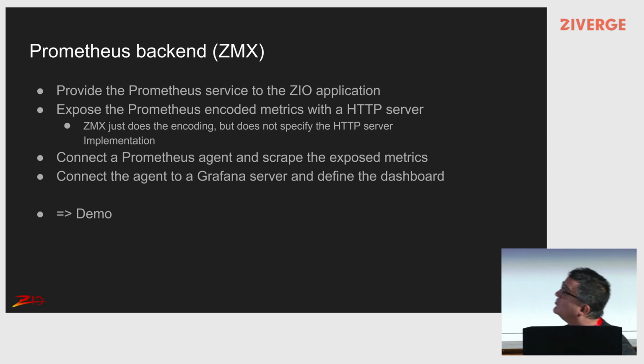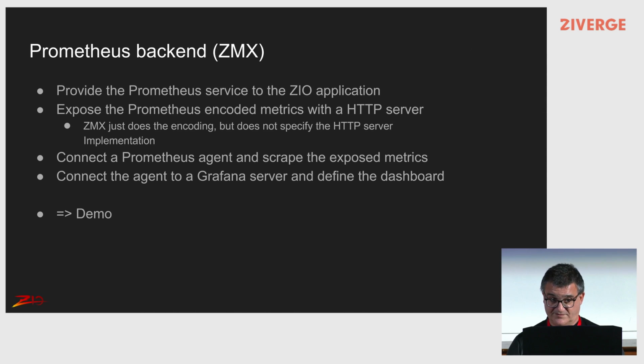For Prometheus, as I just said, we need to provide the Prometheus encoder to our application. I will show in a minute how we do that. Then we need to incorporate an HTTP server. Here we made a decision that we do not want to force the user into a particular HTTP server.